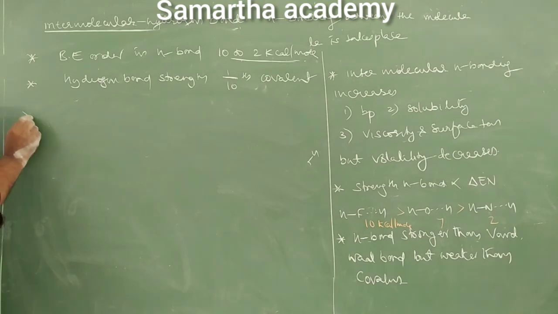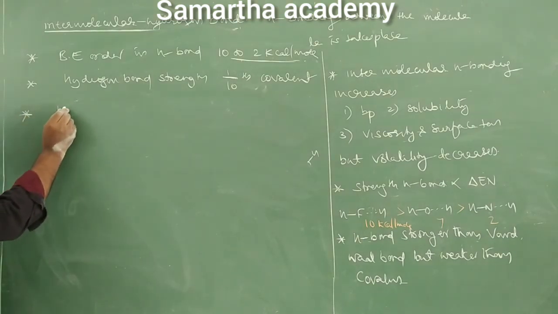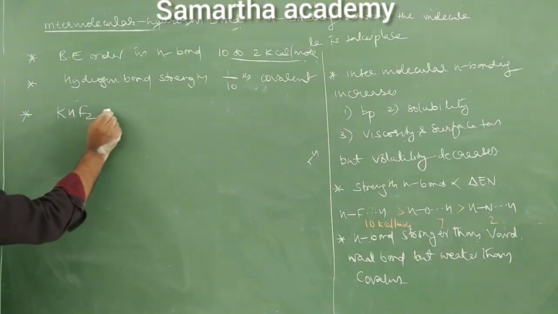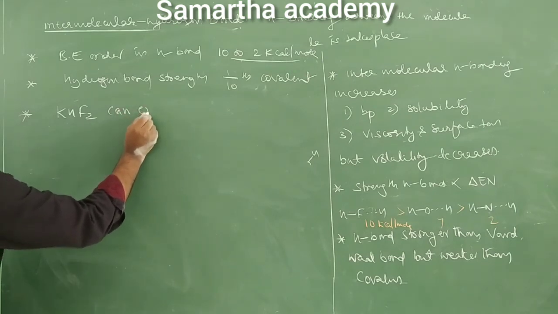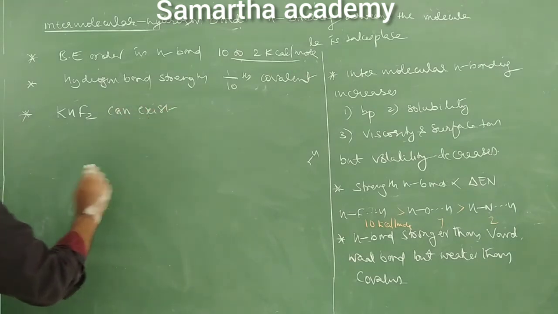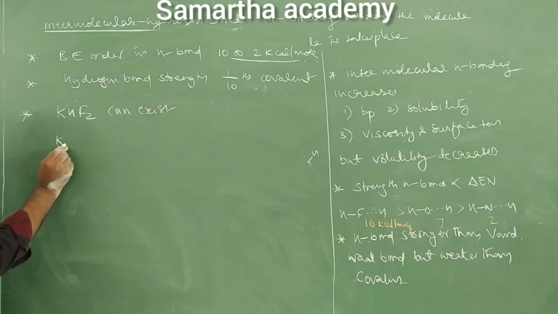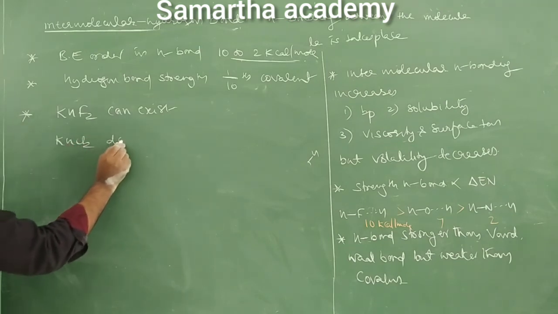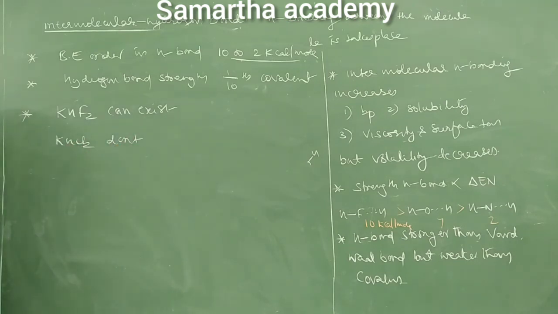Next, due to hydrogen bond, KHF2 can exist, whereas KHCl2 does not exist. Why? Because chlorine cannot form hydrogen bond, whereas fluorine can form hydrogen bond.